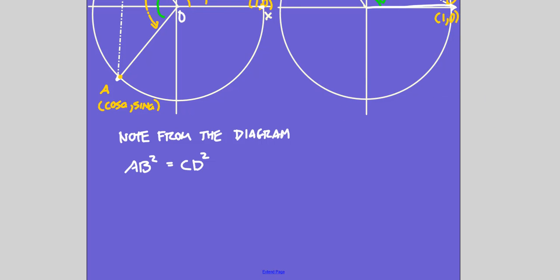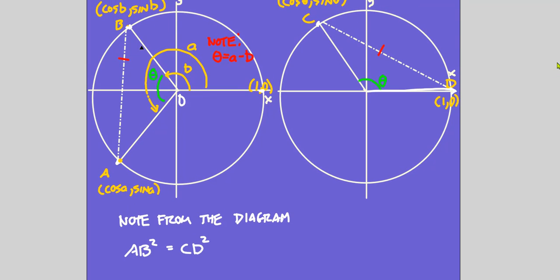So AB squared is going to be the quantity cosine A minus cosine B quantity squared, plus sine A minus sine B quantity squared.